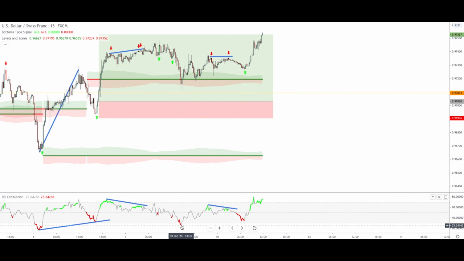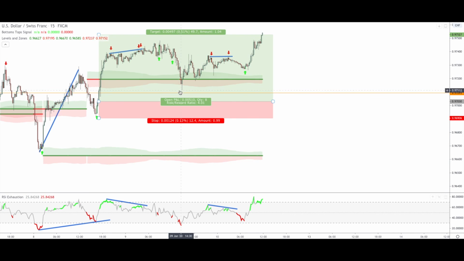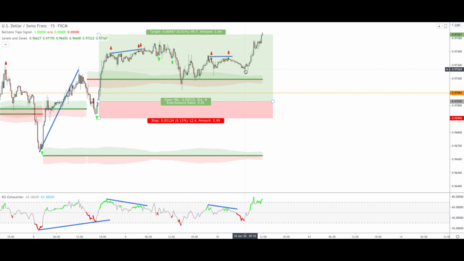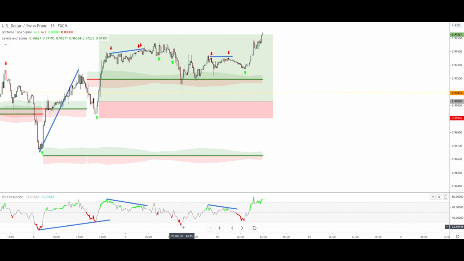Because as you can see, we have an exhaustion here. We don't have a bottom signal, but from the price action we can clearly see that this is considered a bottom. So we have one here and another one here. The RSI is increasing, and we also have exhaustion in both cases.